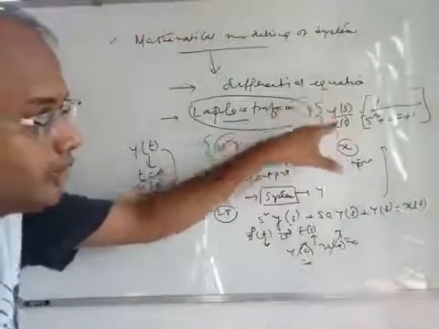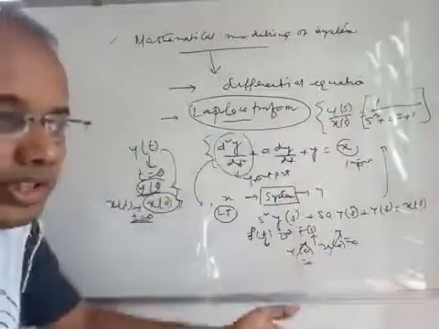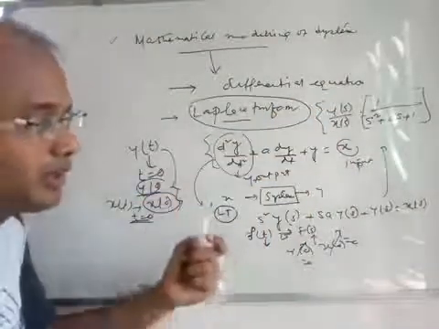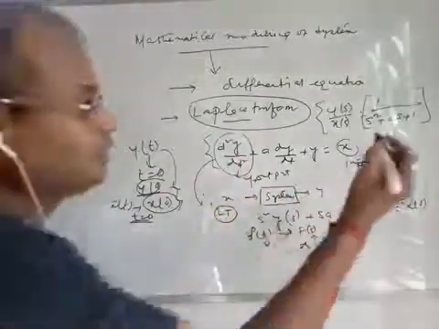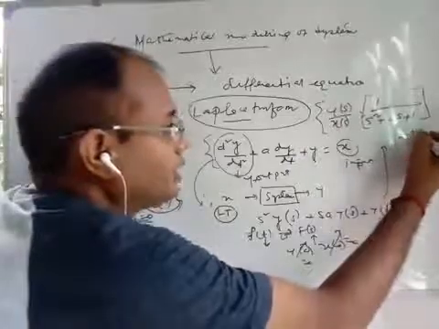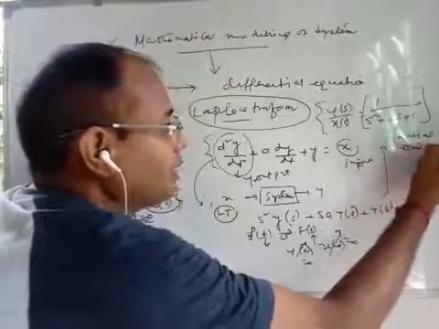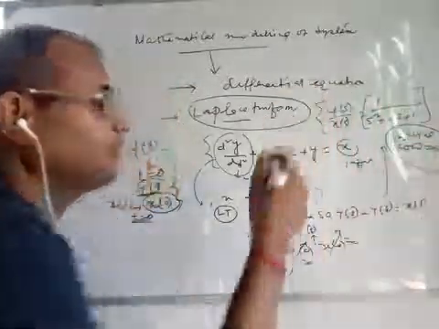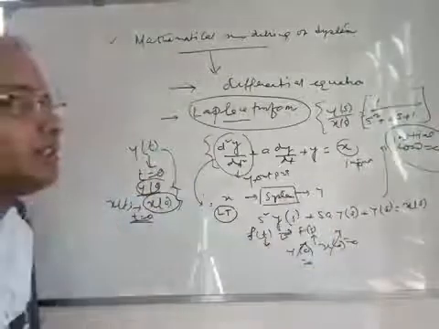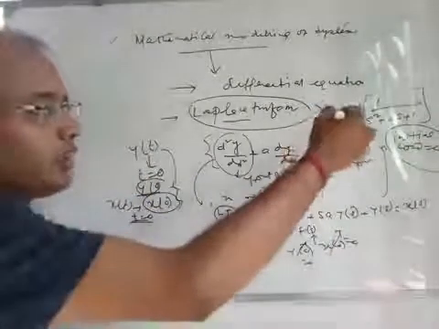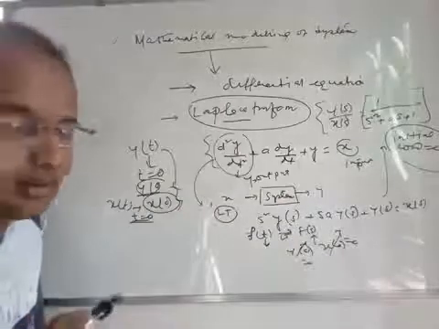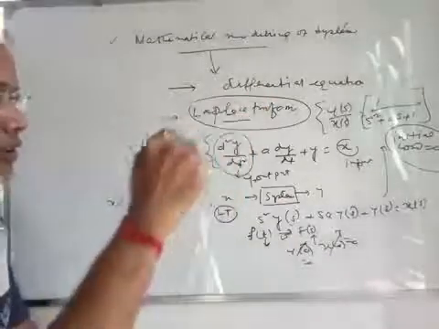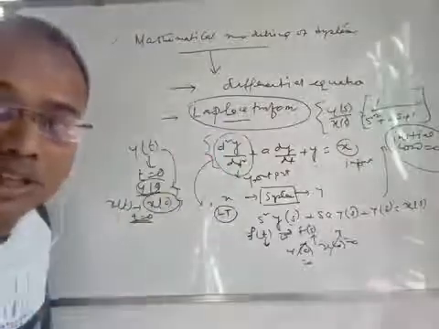And one more important thing is that here we are considering the initial conditions equal to 0. That is very much important. So once the initial condition is taken as 0, this Y(s) by X(s) is known as the system gain, right? So what is this? This Y(s) by X(s) is known as the system gain.